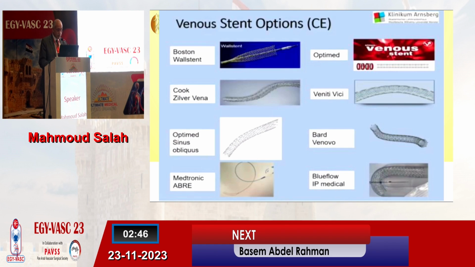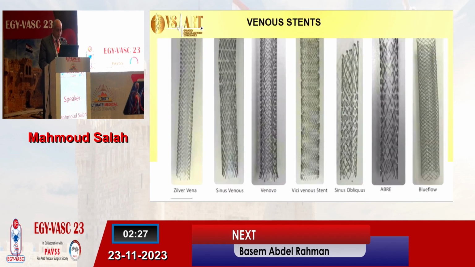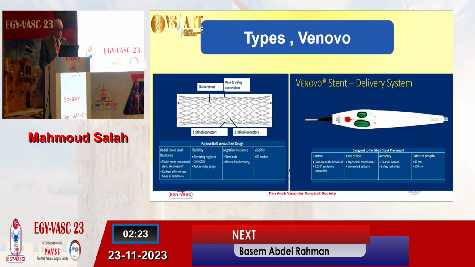These are the venous stents we have in the market. Still, Boston has the Wallstent. We have Zilver Vena, Sinus Obliquus, Abre, Optimed, Veniti Vici, Venovo, and the BlueFlow. These are the different types of venous stents we just mentioned. This is the Venovo from Bard.